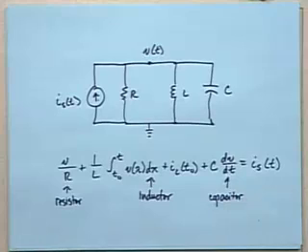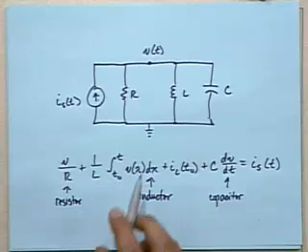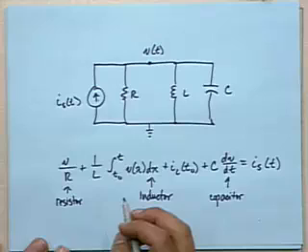To get rid of the integral for the inductor, we take the derivative, dV/dt.